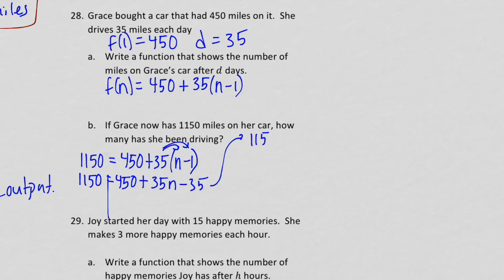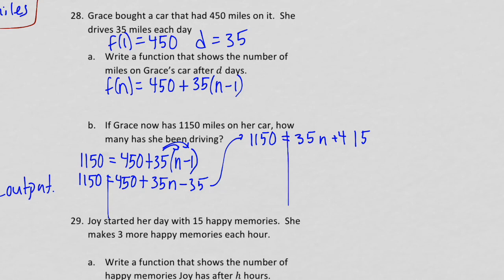1150 is equal to, I'm going to combine the 450 and the negative 35 to make 415, right? 450 minus 35 is 415. So 35n, because that one does not combine with anything, plus 415, because it's positive 450 and negative 35.